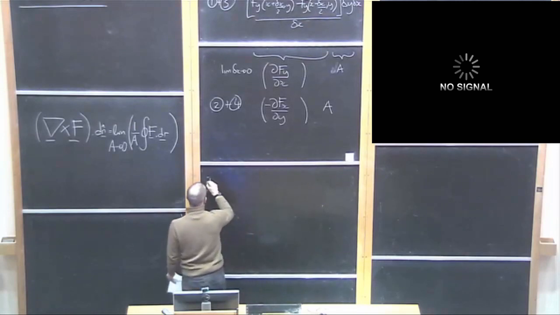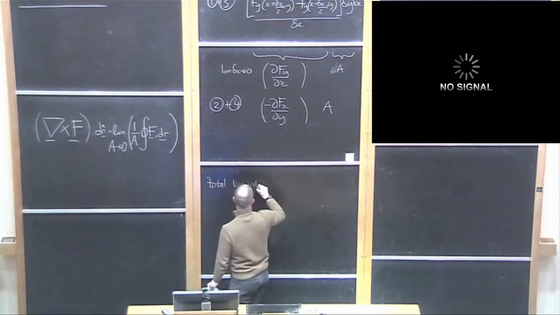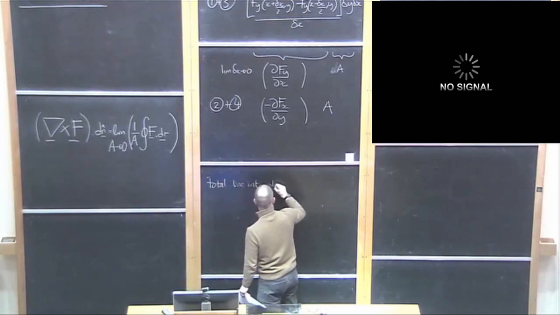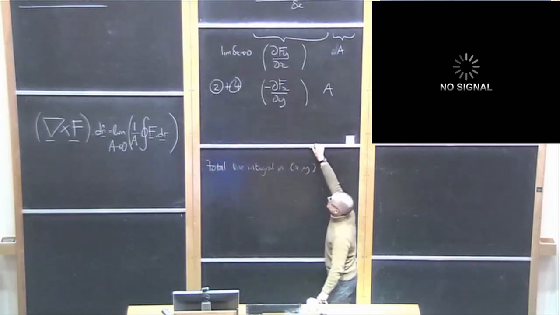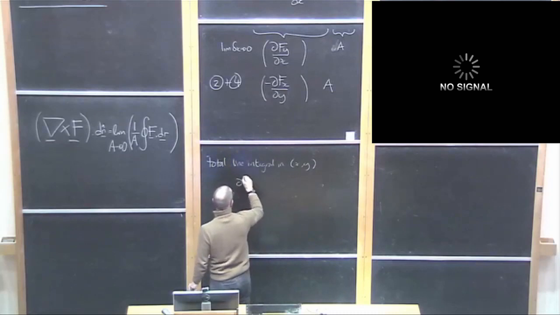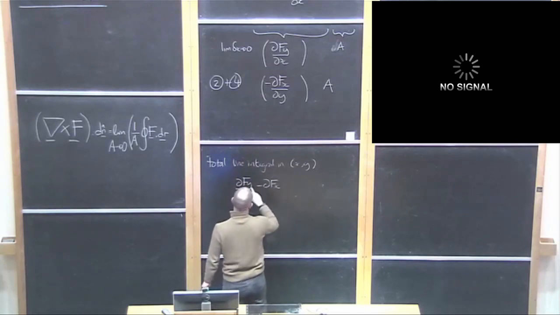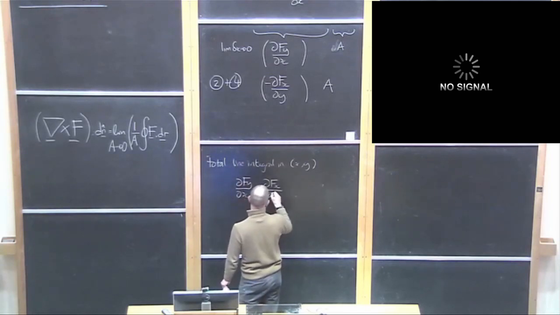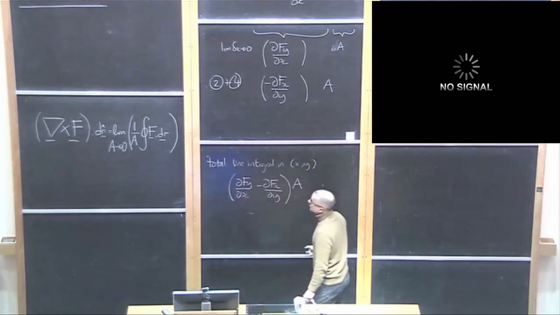So then the total line integral in the xy plane around this loop, that is the k component of the curl, is given by dFy by dx minus dFx by dy, all times the area.